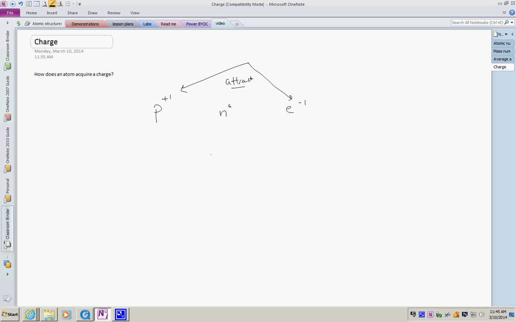So, for example, an oxygen atom, generally speaking, would have 8 protons, and it will have 8 electrons, and that would make it essentially a net 0 charge.